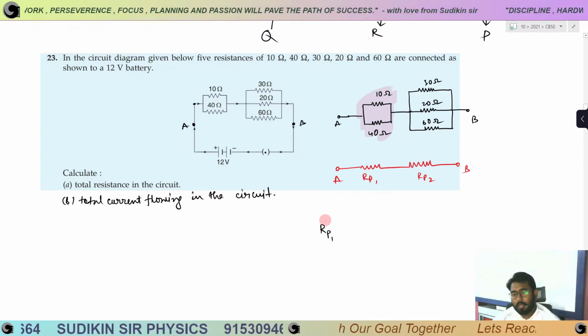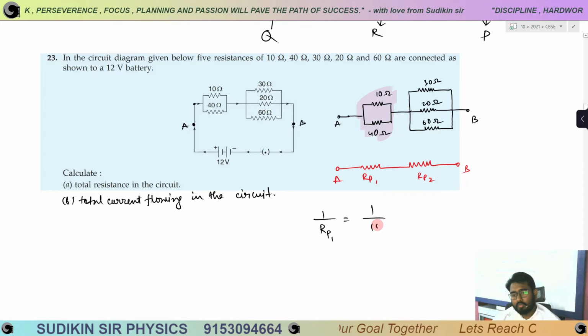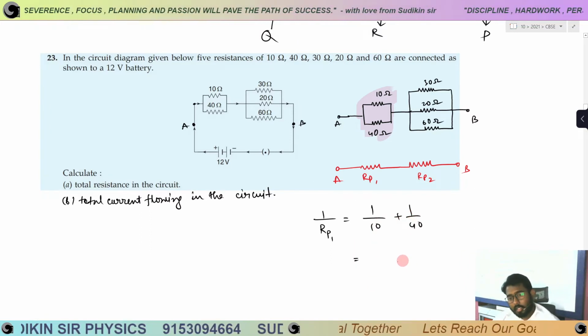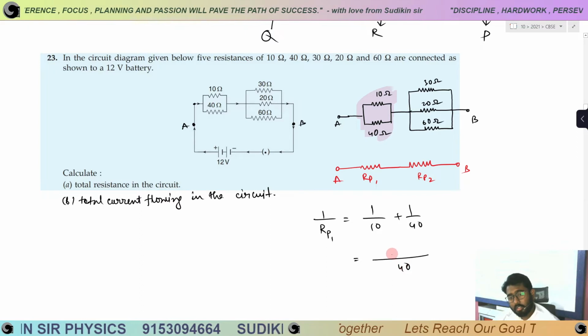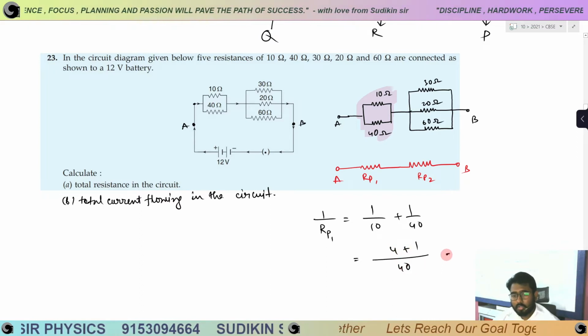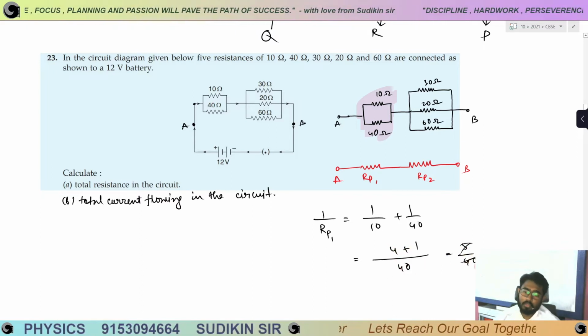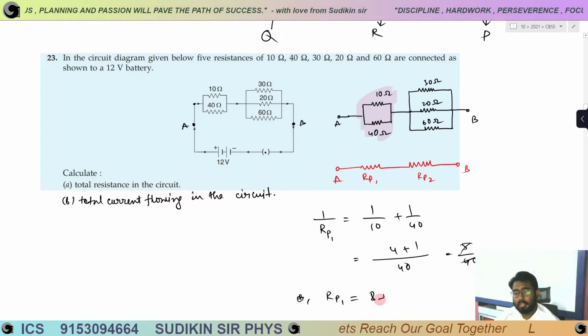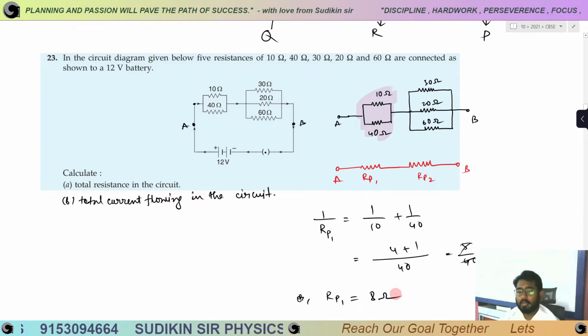Can I write 1 by R parallel 1 equals 1 by 10 plus 1 by 40, because it is in parallel, right? So this will be 4 plus 1, that will be 5 by 40, 5 eights are 40, so R parallel 1 will be 8 ohm. Can I say that? Okay.